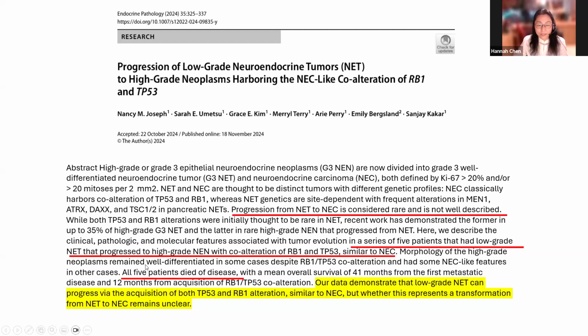And all 5 patients died of the disease. This data demonstrates that low-grade NET can progress with acquisition of both TP53 and RB alterations similar to NEC. But whether this represents a transformation from NET to NEC remains unclear. So this is a very interesting area. I think more research will follow in the near future.